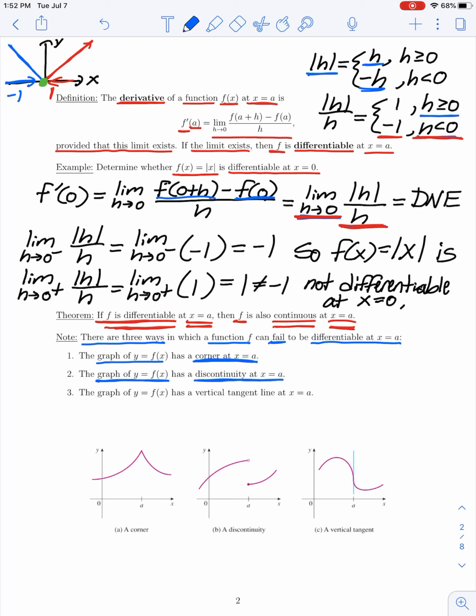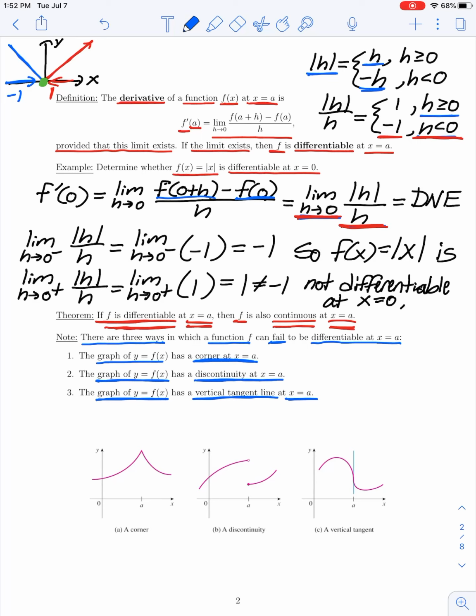This theorem that we just looked at said, well, if a function is not continuous at a point, then it cannot be differentiable at that point. And the third way in which a function can fail to be differentiable is if the graph of our function has a vertical tangent line at x equals a. So remember, the derivative is the slope of a tangent line to a curve. So if we have a vertical tangent, well, the slope of a vertical line is undefined.